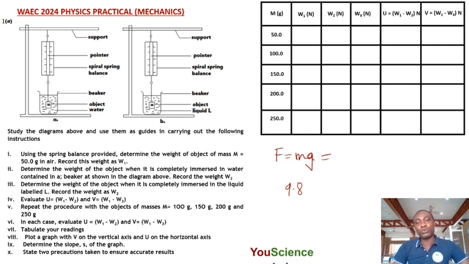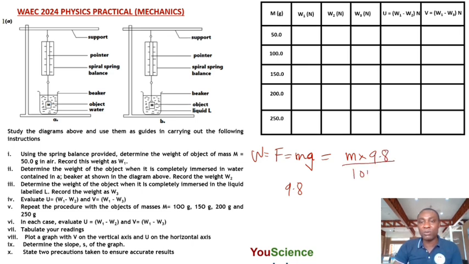I'll just work out the formula, then plug in the values. Remember that these masses are given in grams, so we have to convert that to kilogram by dividing by 1000. So the weight in air, F or W, which is the same as force, is going to be the mass times 9.8, the acceleration due to gravity, divided by 1000 since the mass has to be converted to kilogram.